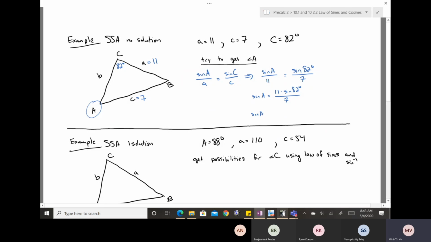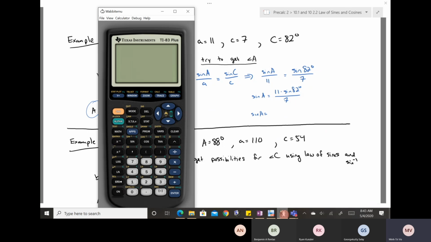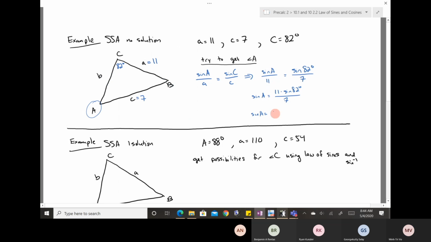Let's calculate this: 11 times sine 82 divided by 7. We get about 1.556.